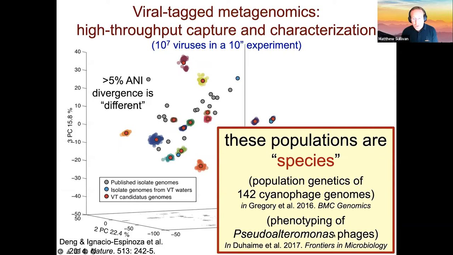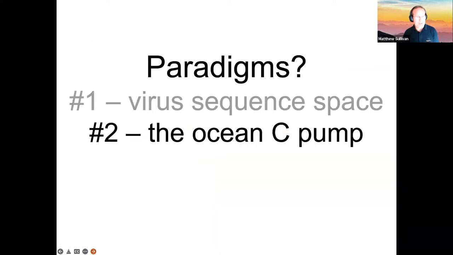And then as well, when we look at other heterotrophic bacterial viruses, so Pseudoalteromonas phages, we can look at host ranges and show that their host range is concordant with the population-based definitions that we've established. So viral tag metagenomics and viromics helps us assess and show that viral sequence space, at least for DNA viruses, is clustered, and that those populations that we see emerging from that are species-level entities.